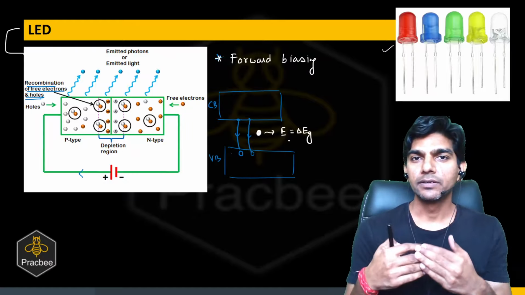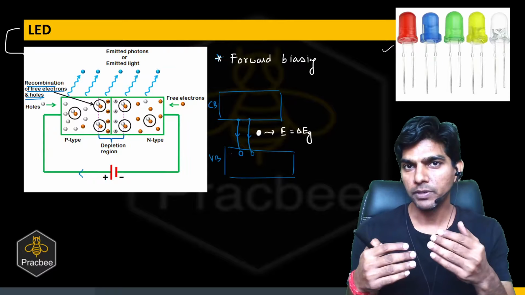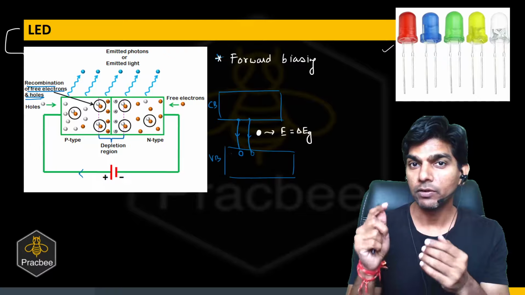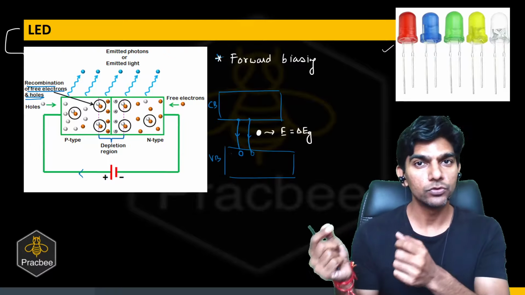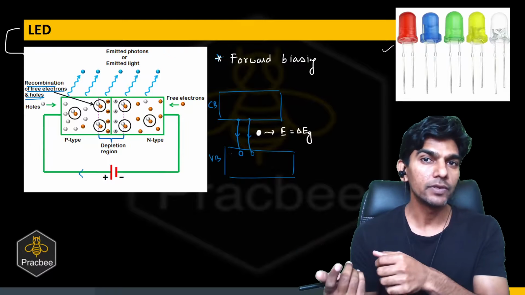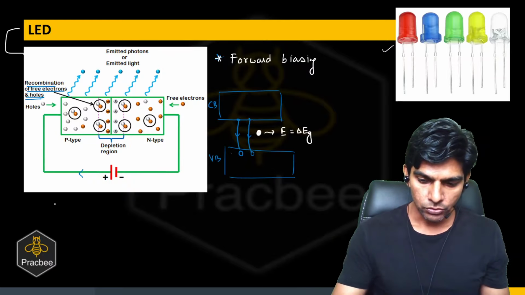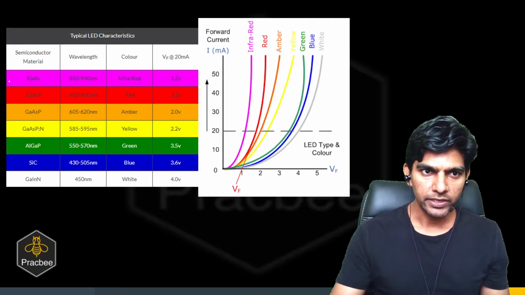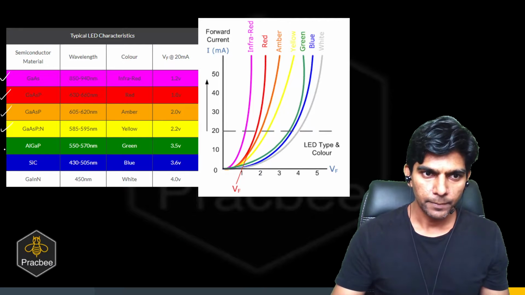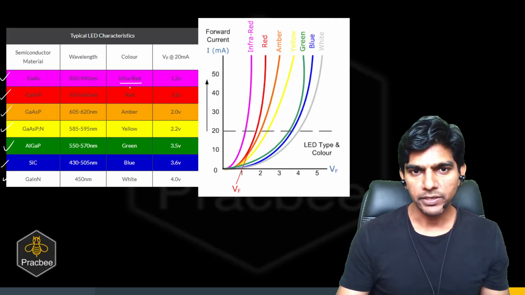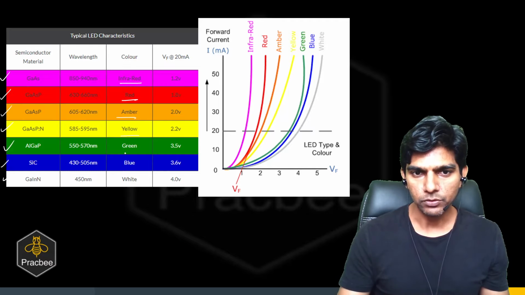So if we alter the doping, we can alter delta Eg, and if we alter delta Eg, we can alter the wavelength of the emitted photons. So we will have different colors of light depending upon the doping. With different doping agents, we have different colors: infrared, red, amber, yellow, green, blue, white.